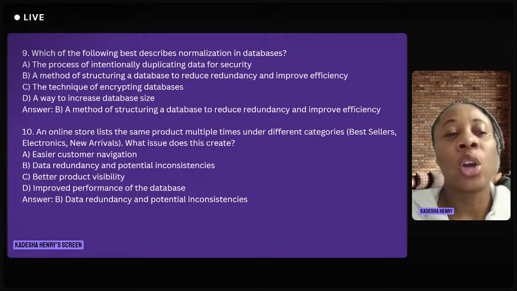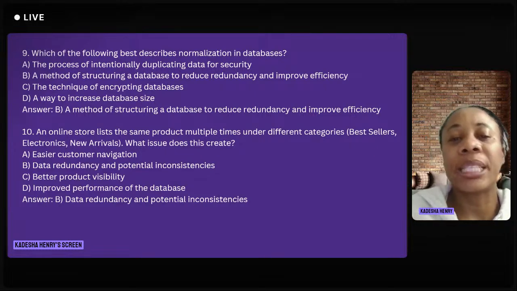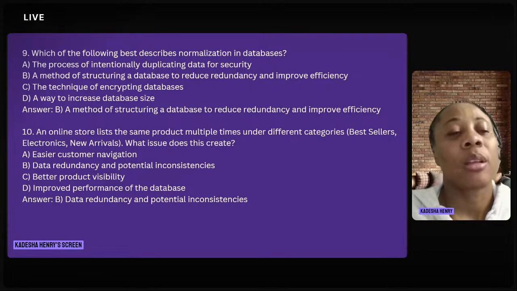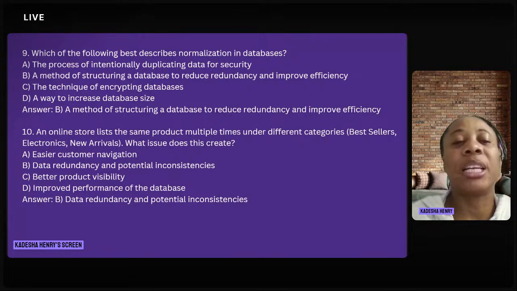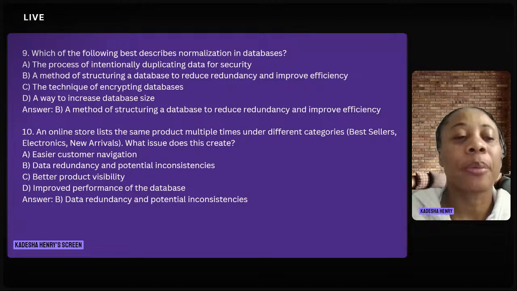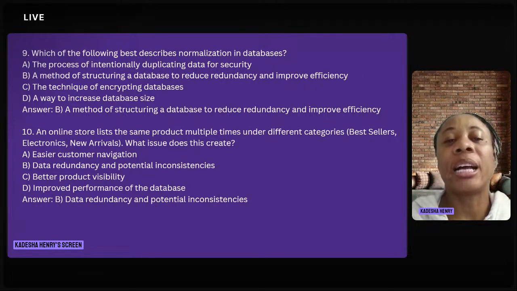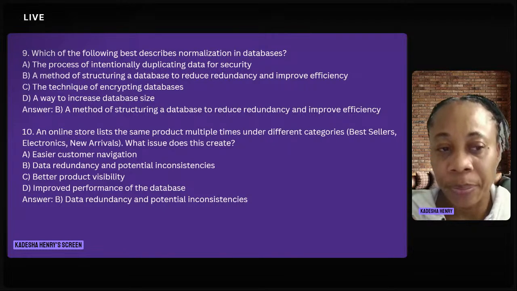Next question. Which of the following best describes normalization in a database? Is it A, the process of intentionally duplicating data for security? B, a method of structuring a database to reduce redundancy and improve efficiency?